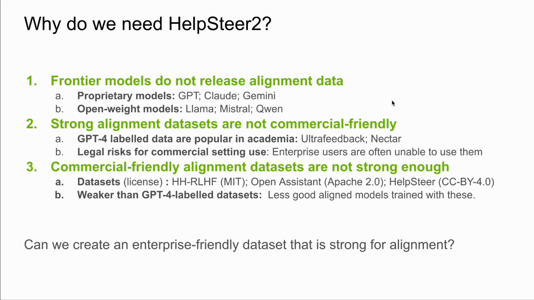And we found that the alignment datasets that were released at that time were also not commercially friendly, the same problem. We wanted to see if we could build a dataset that is stronger than some of the existing commercially friendly datasets, but also with a commercial license.